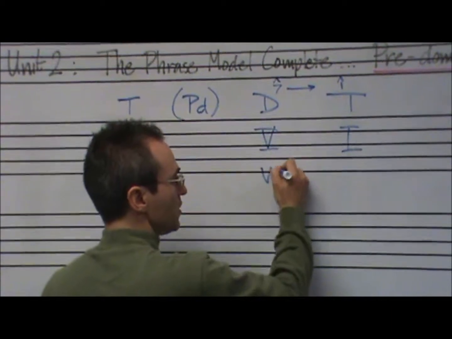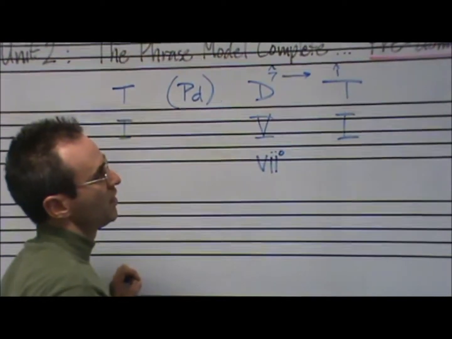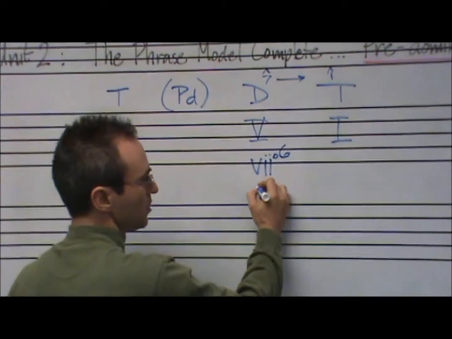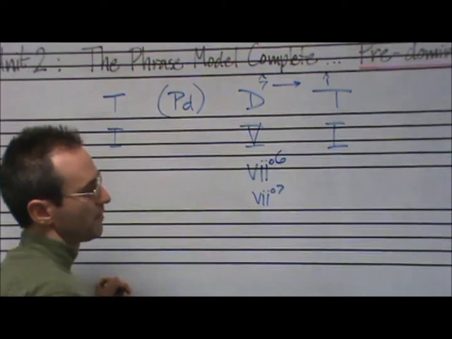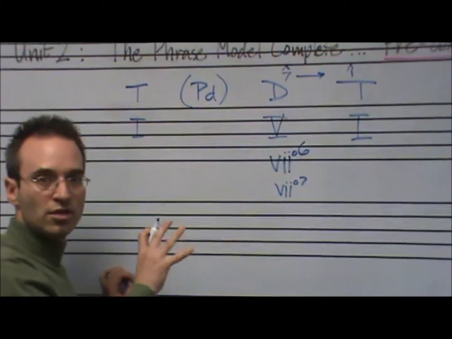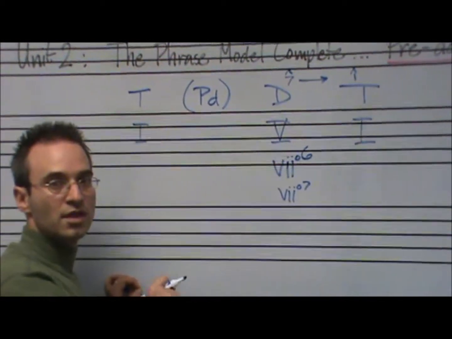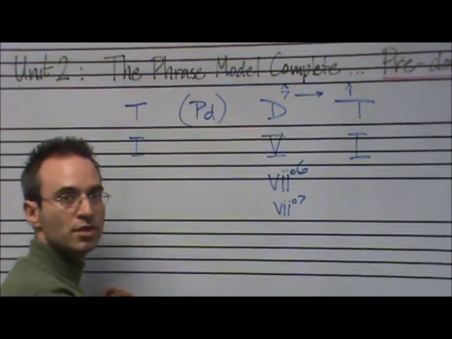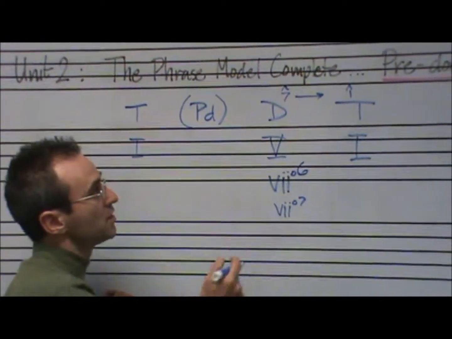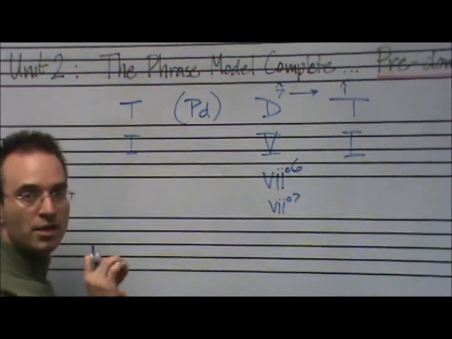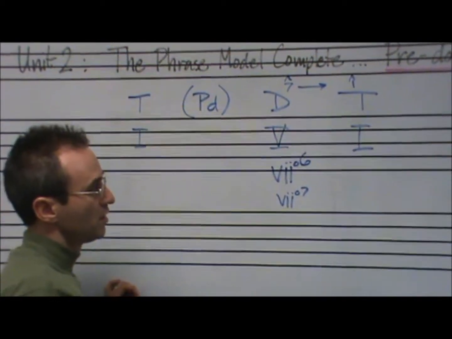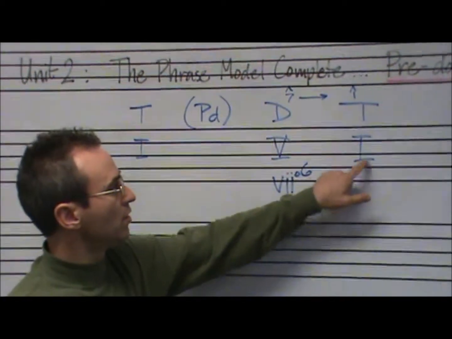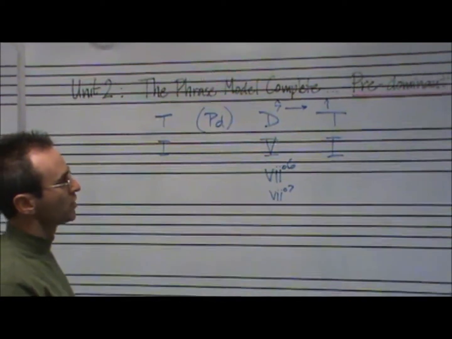But then, because the vii chord has scale degree 7 as its root, it could be vii diminished 7. The vii chords can also serve a dominant function. The function we said of the dominant is to lead to the tonic. These lead to the tonic too, and probably the main reason is because of the leading tone. That note needs to go to 1, and that helps drive the whole chord in that direction toward the tonic function. Closing tonic.